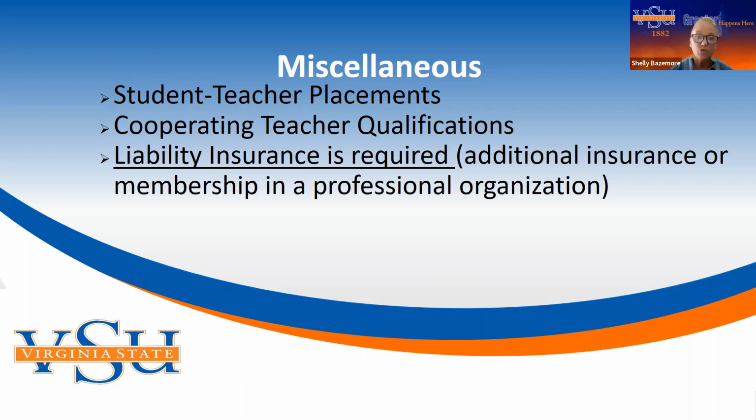And if you don't join an organization, or you don't have an organization that actually provides that type of liability insurance, then you would have to show receipt of the additional insurance, either through your parents' insurance, or if you're on your own, you'd have to show some type of insurance saying that you are covered before you ever can step foot into the schools.